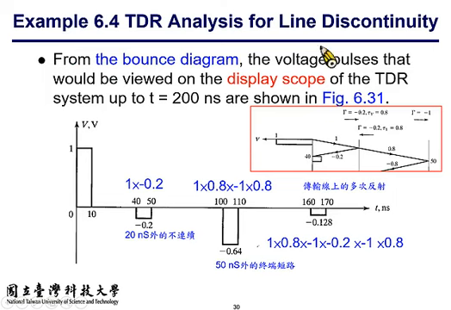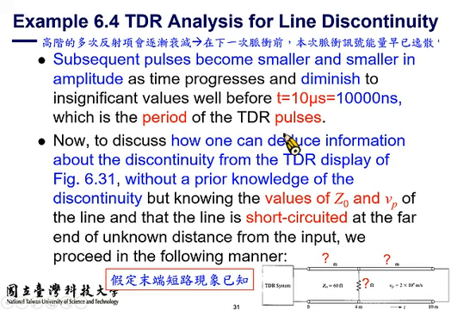All right, so here's the case of a bouncing diagram with line discontinuity. Then of course, in real life, if you already know the configuration of the transmission line system, you should be able to find out what should happen on this transmission line system without going into the TDR experiment.